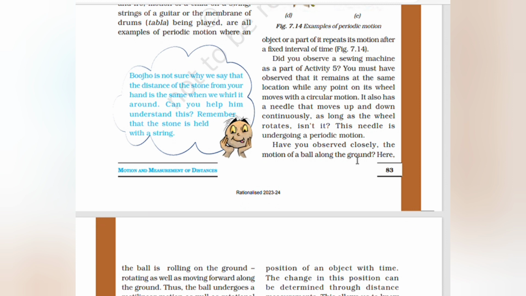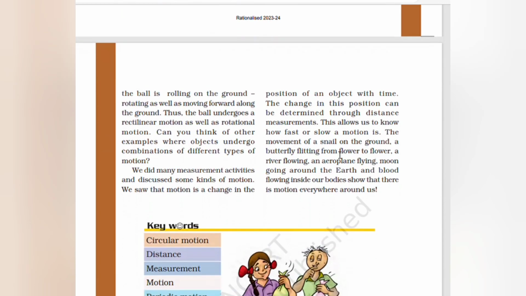Have you observed closely the motion of a ball along the ground? Here the ball is rolling on the ground, rotating as well as moving forward along the ground. Thus, the ball undergoes a rectilinear motion as well as rotational motion. Can you think of other examples where objects undergo a combination of different types of motions?